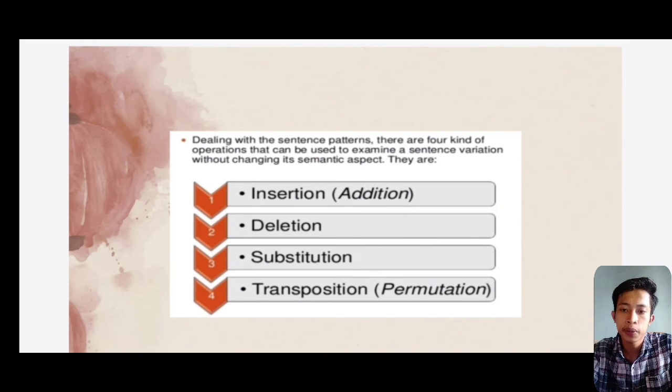Dealing with the sentence pattern, there are four kinds of operations that can be used to examine a sentence variation without changing the semantic aspect. The first is insertion or addition, then deletions, substitutions, and transpositions or permutation.